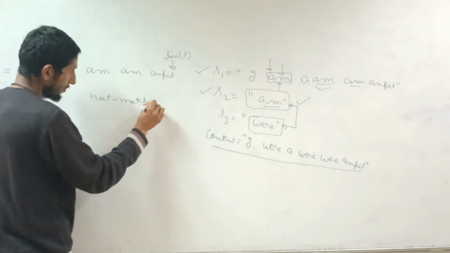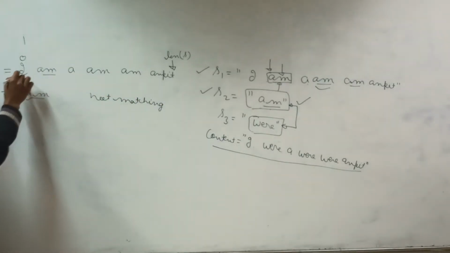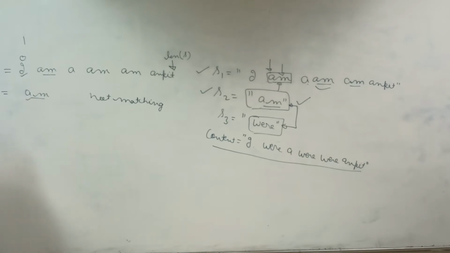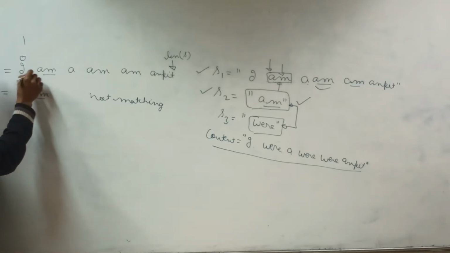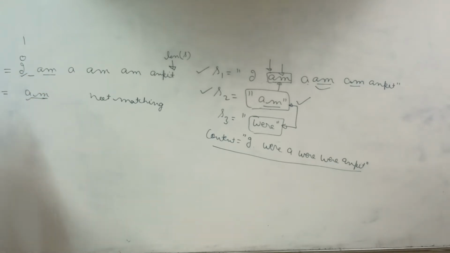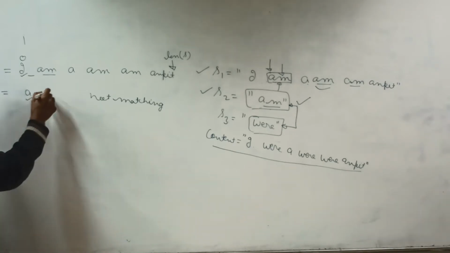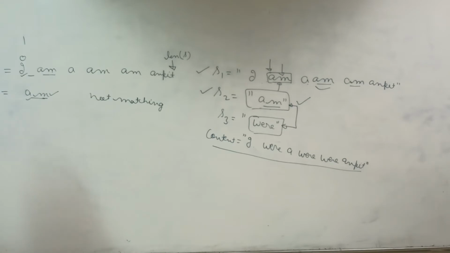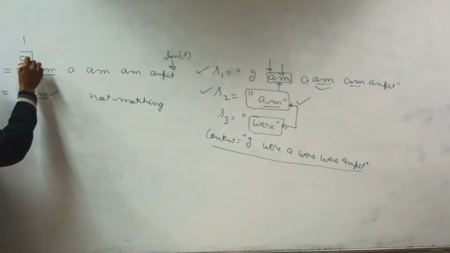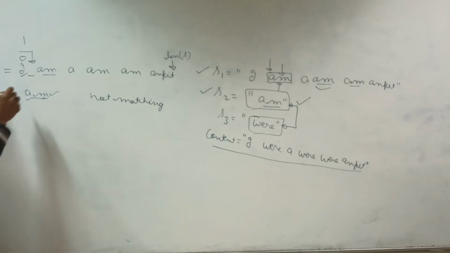If these two characters are not matching, there is no need to match space with M, because if the first character is not matching, there is no need to check the second character. So in this case, you will update the value of I and start matching.